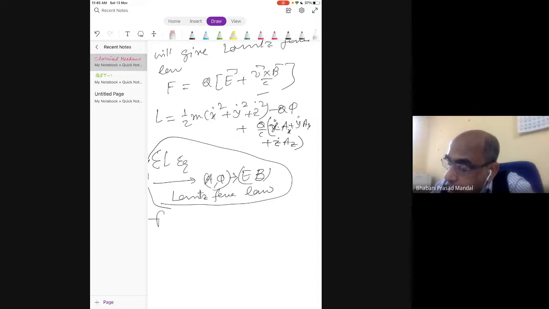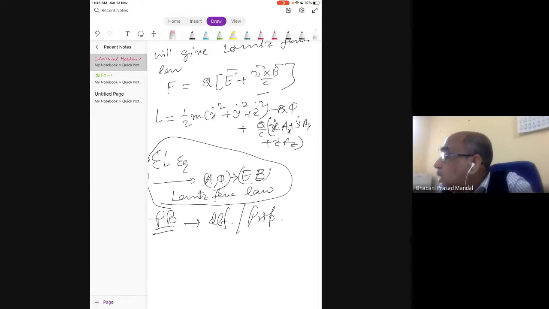Then in the Poisson bracket, what you have to know is the definition and properties. Particularly two properties are very important. One is the Jacobi identity of Poisson bracket.